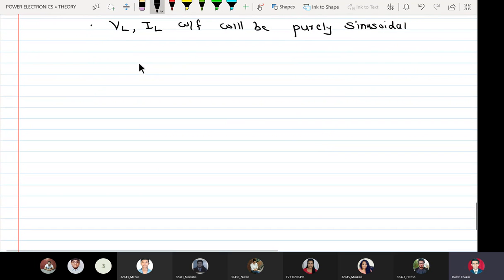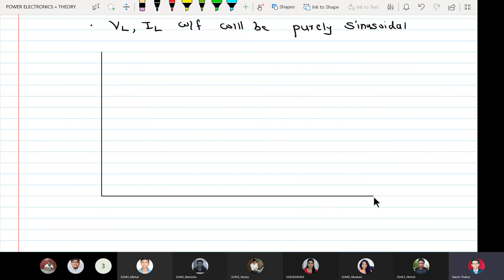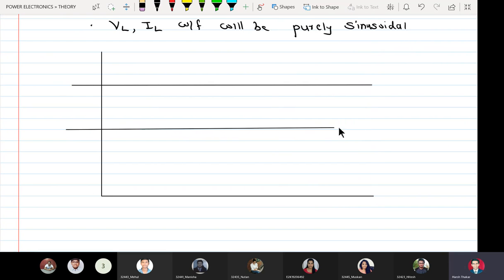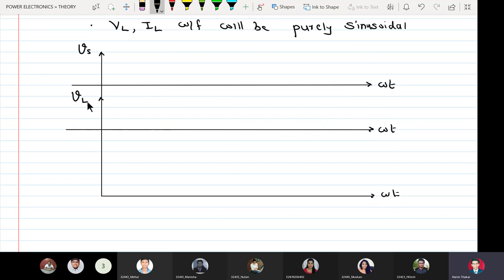Okay, we can directly draw the waveforms now. Source voltage, omega t axis, load voltage, and load current.